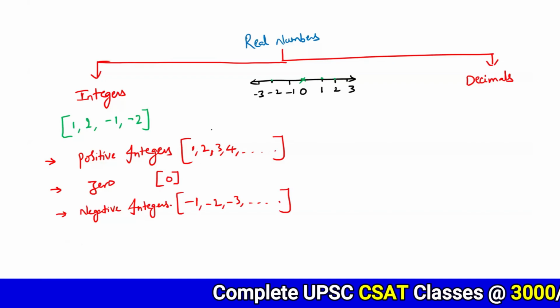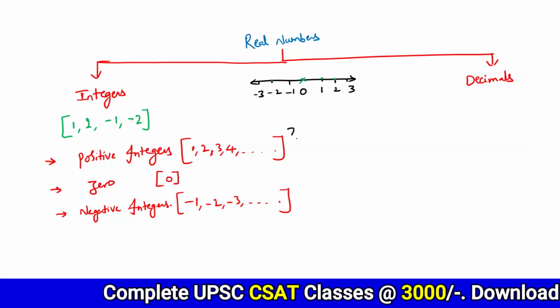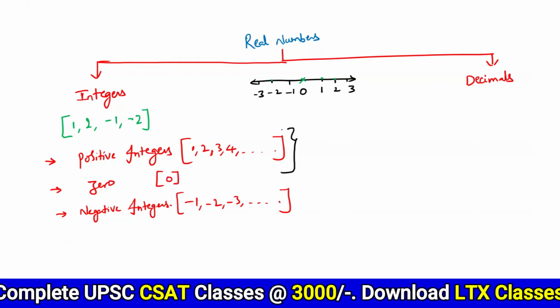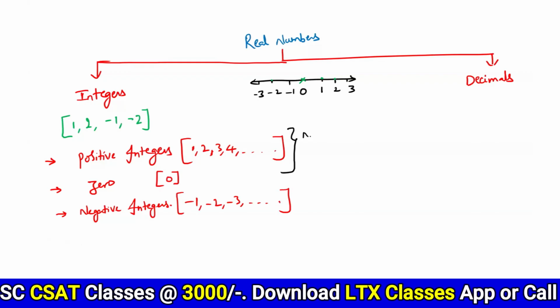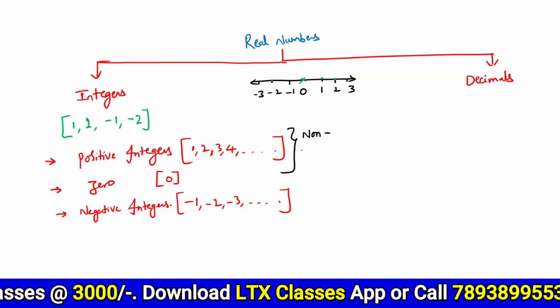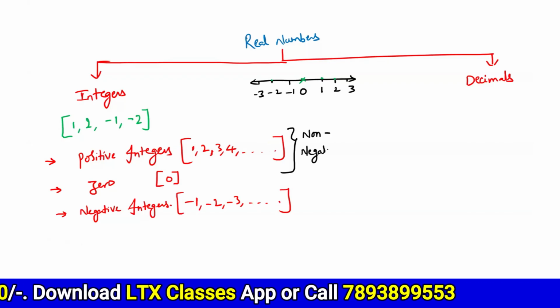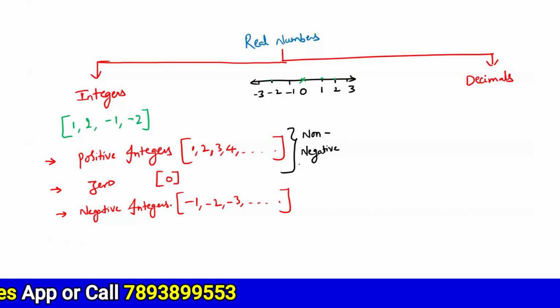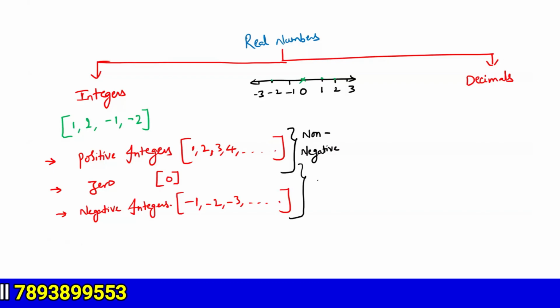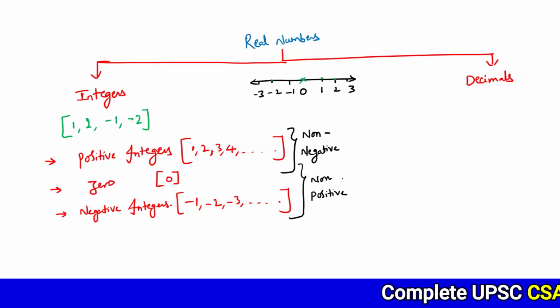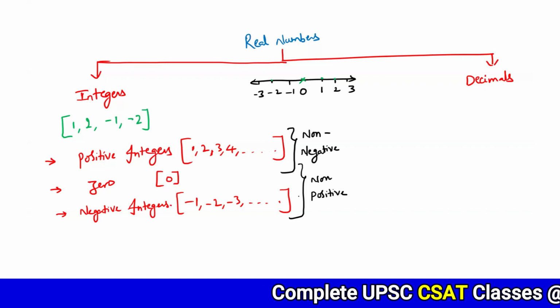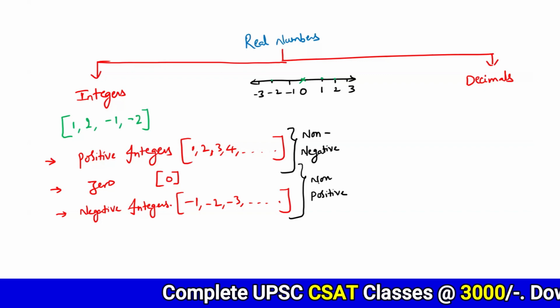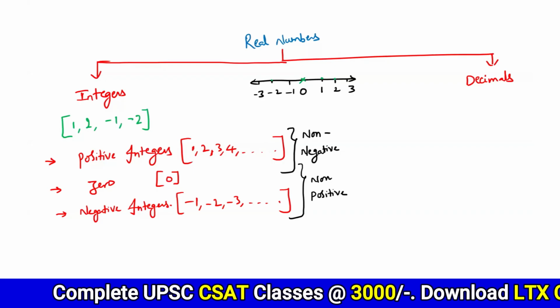What is the combination of positive integers and 0? They are called non-negative integers. The combination of 0 and negative integers is called non-positive integers. These terminologies are very important for the questions we solve.